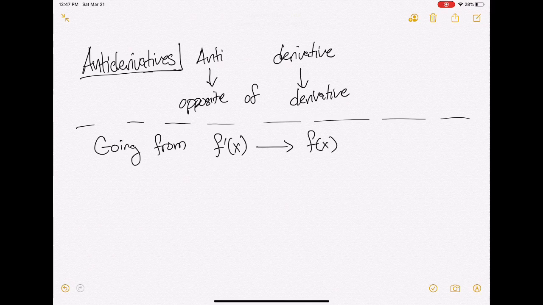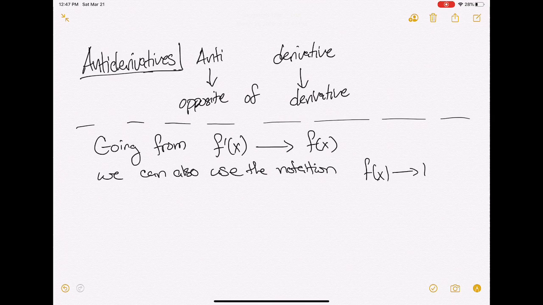And we can also use the notation F of x goes to capital F of x. We will use both of these notations.